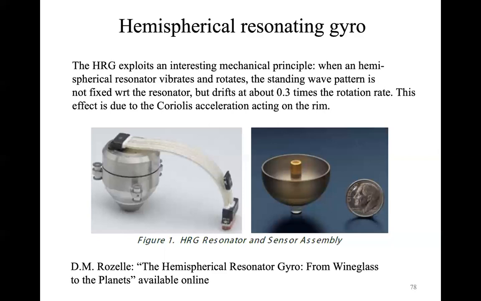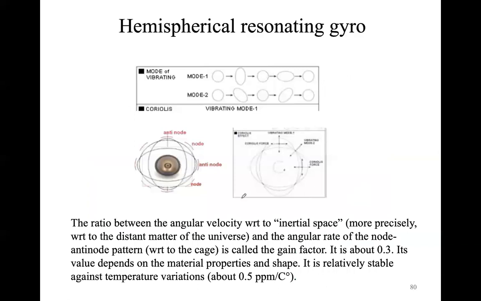So tomorrow we are going to conclude this part by explaining a little better the principle behind these hemispherical resonating gyroscopes. We're not going to quantify exactly, for example, how the angular velocity is associated with a variation in the vibrational mode.